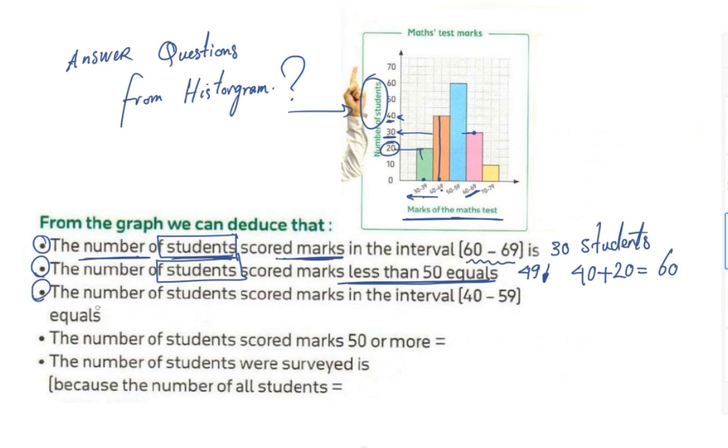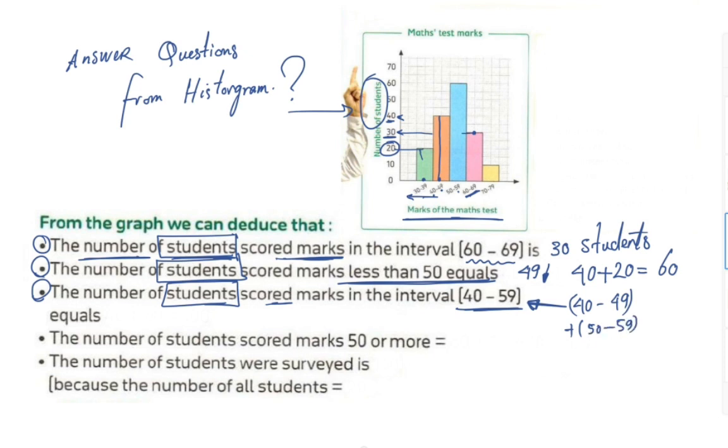Next point, the number of students who scored in the interval of 40 to 59. Where is 40? Here. And 59 here. So this interval has two bars: first from 40 to 49, plus the interval from 50 to 59.